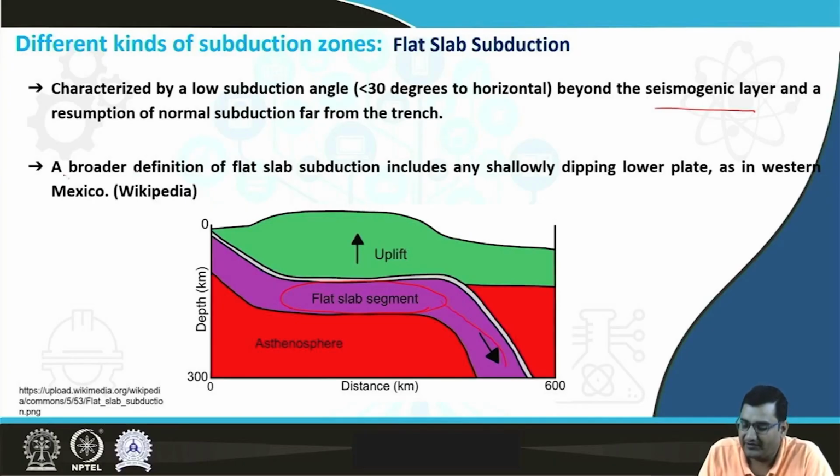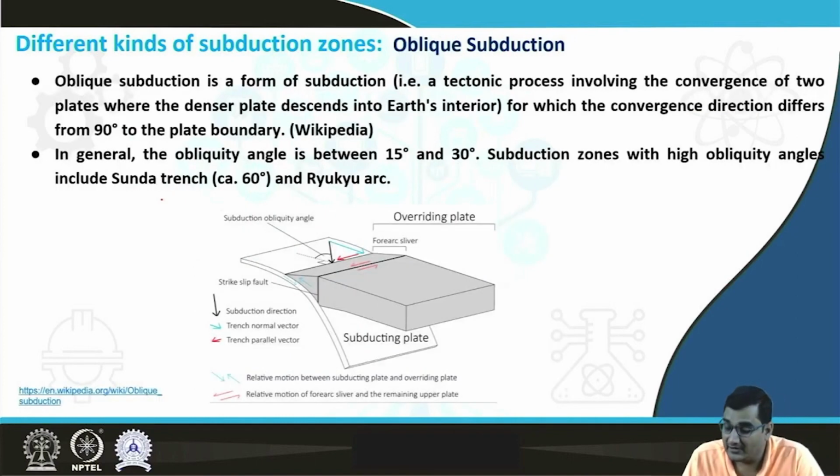A broader definition of flat slab subduction includes any shallowly dipping lower plate, as in western Mexico, and it is taken from Wikipedia. Another type of subduction is oblique subduction. This is the most predominant subduction that you will find all over the globe.